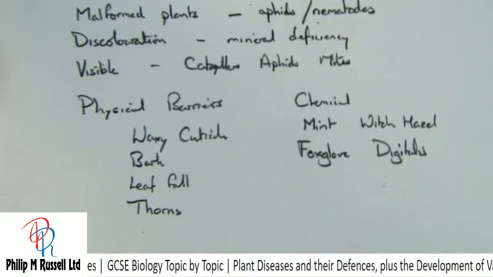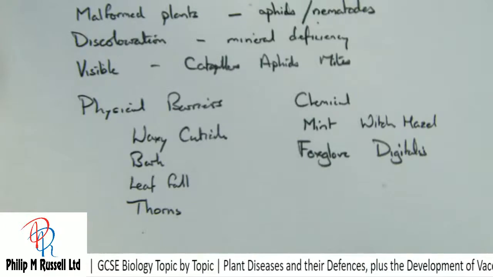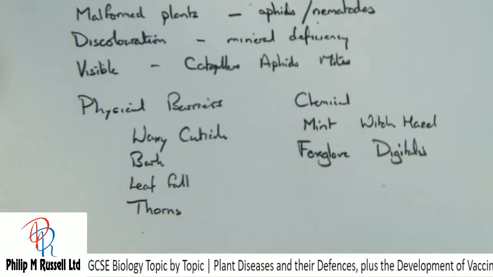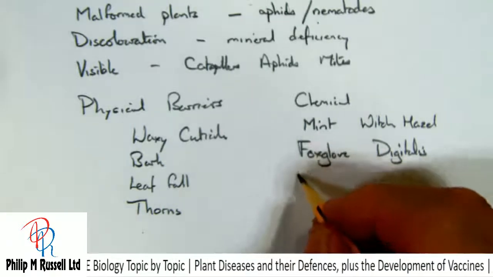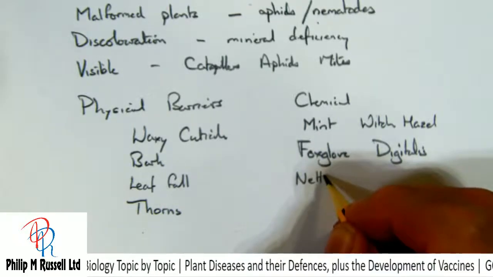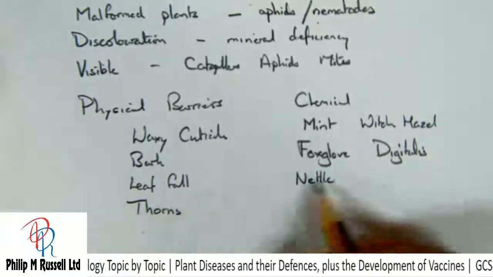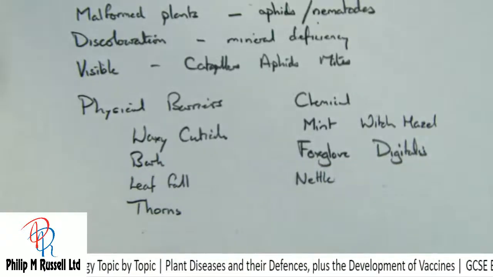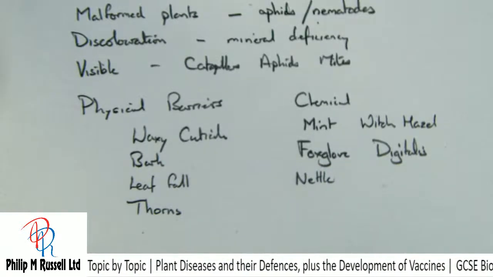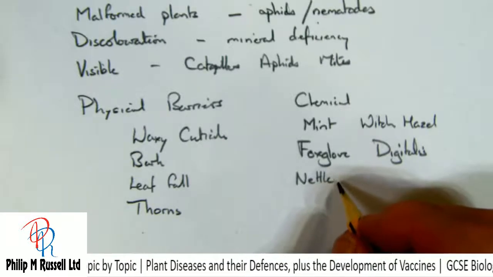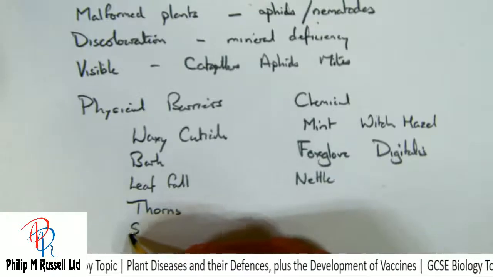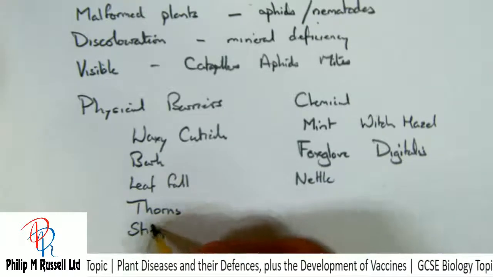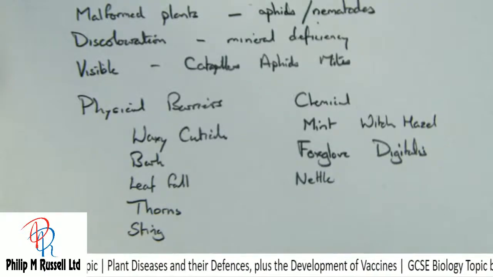Some plants go for hairy stems to try and make life more difficult, and some use poisons like the nettle. And I don't know whether to put the nettle as a physical barrier or a chemical, because it's really both, because we've got the poison in the nettle here as well. So physical barrier is something like the sting of a nettle.